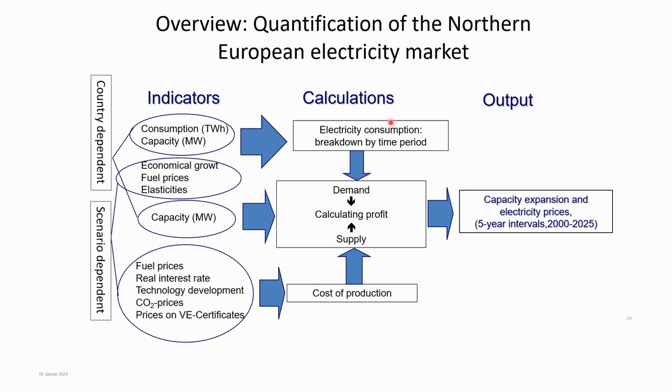In the calculations, this was the consumption part, this was the production part, and here we found the intersection between supply and demand curve, and also which kind of power units would be profitable in the future. So the output here would be a capacity expansion and electricity prices.